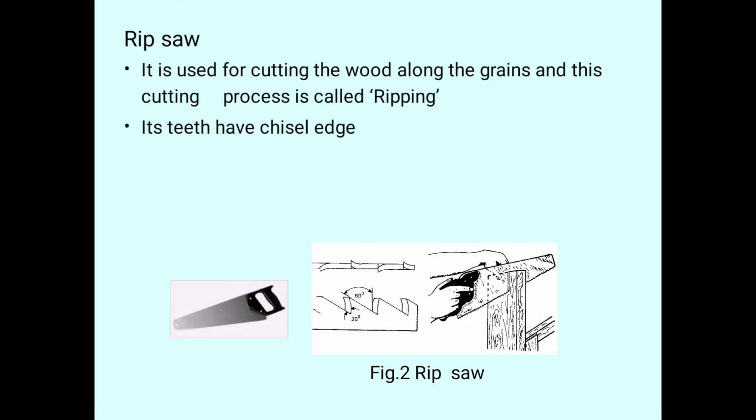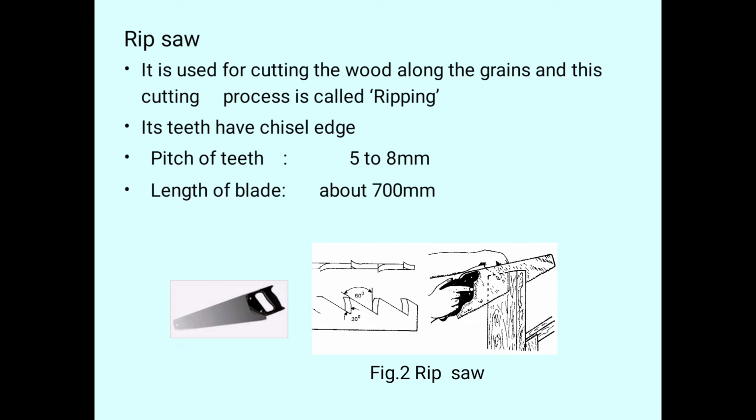The pitch of the teeth ranges from 5 mm to 8 mm, and the length of the blade is about 700 mm for the rip saw.